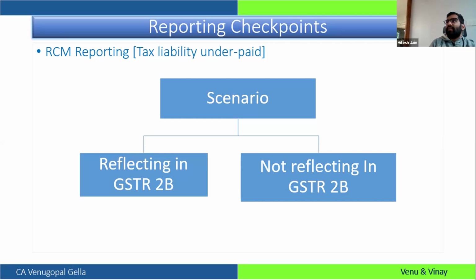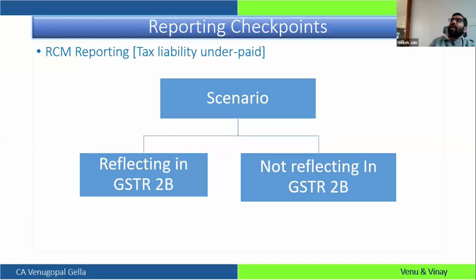However, we can take that risk if the amount is higher. If the quantum is very less, like less than 2000 to 3000 rupees, where my liability arises only 3000, then I can very well show it in my table 4G of GSTR-9 and pay the differential taxes thereon.